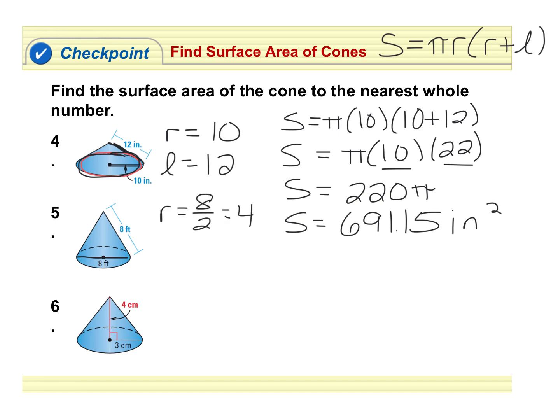What else do we need? Slant height, which is 8. Plug it in. Everyone practice plugging that into the formula and using your calculator.